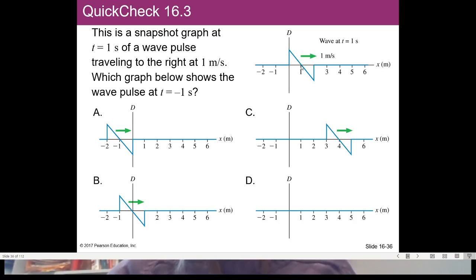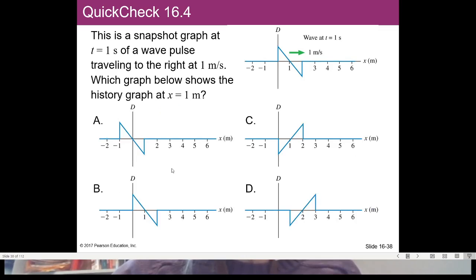So the slice downwards would start here and go right through there, right? And 1 second earlier, the slice downwards would start one over here, so it would start at -2 and then go downwards to here. So I think the correct answer is here, A. And there it is.